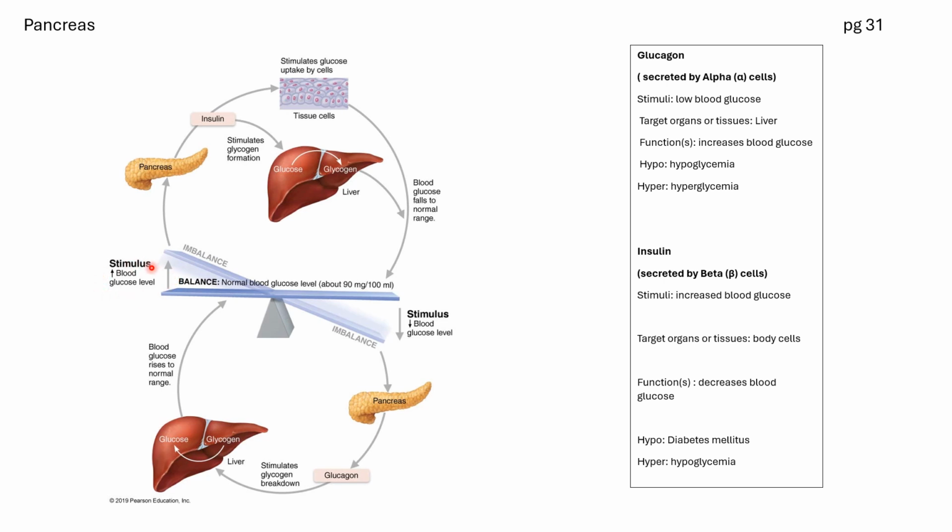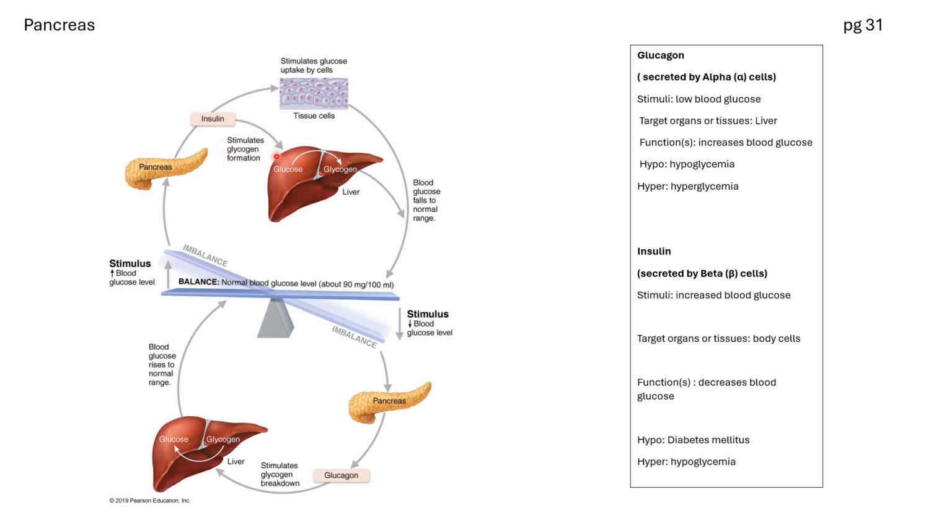So now just imagine, let's start at this point. I have eaten a big meal and it contains lots of carbohydrates. As a result, after a while, those sugars get absorbed into the blood and blood glucose levels rise. As a result, my pancreas secretes insulin. That insulin causes the uptake of glucose by the cells, and in the liver, it causes synthesis of glycogen.